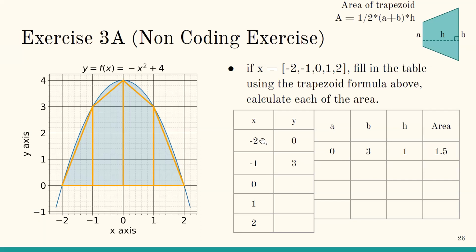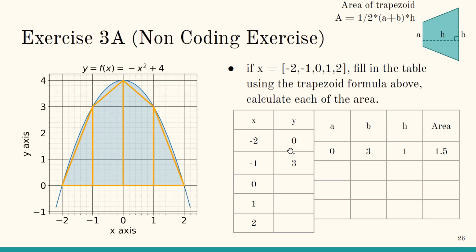So you have 5 values for X and Y, but you only have 4 values for A, B, and H, because 5 points, 4 shapes, right? Four different shapes in here. So fill in the number, the value for Y. It's pretty easy, right? You have the value for X in here. You don't even have to calculate that, right? You just have to look at the graph.